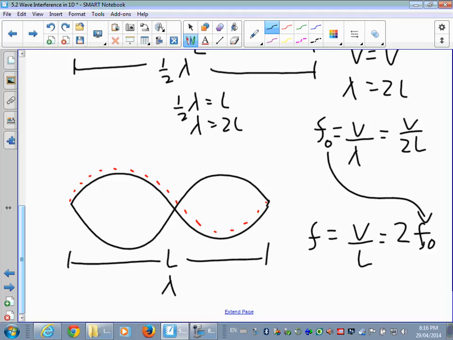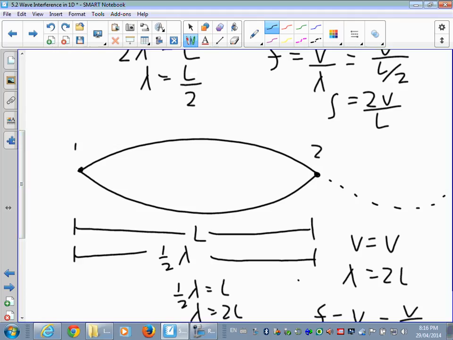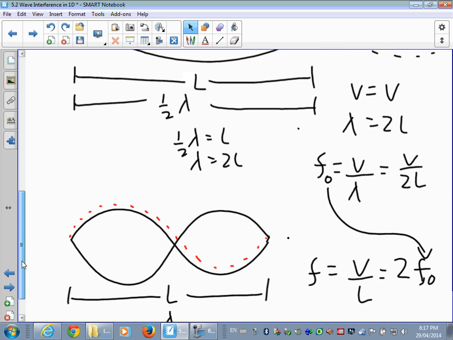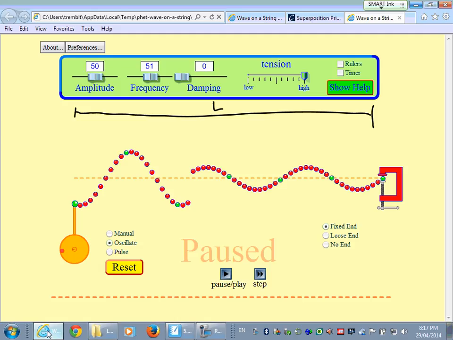But the main thing that I want to point out to you is that the frequency to create this wave is twice the frequency to create that wave. Notice that if we go back up, this frequency over here is 4 times the frequency to create that simplest wave. So there are only certain frequencies, multiples of that simplest frequency, that will allow us to produce a standing wave. If we go back to look at our applet, and we produce a standing wave here, let's see.